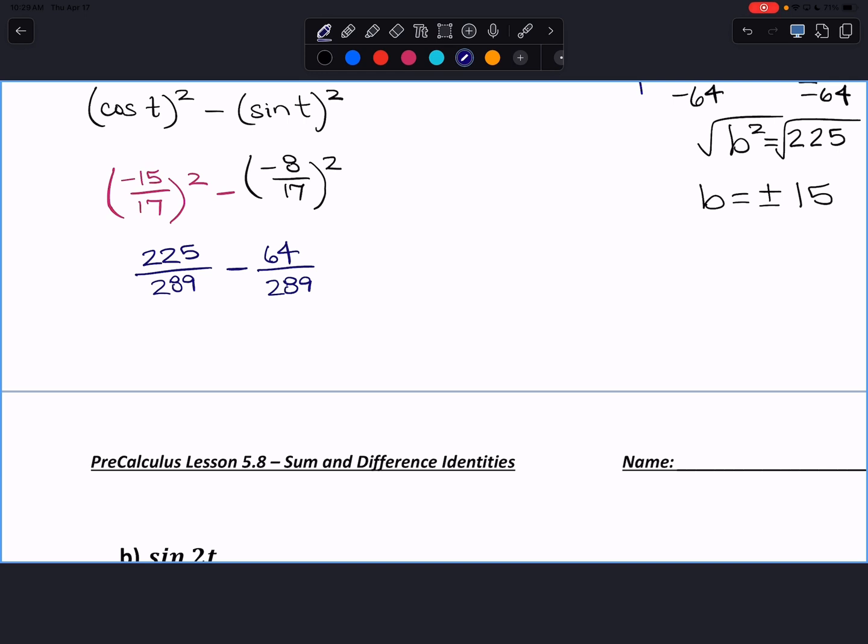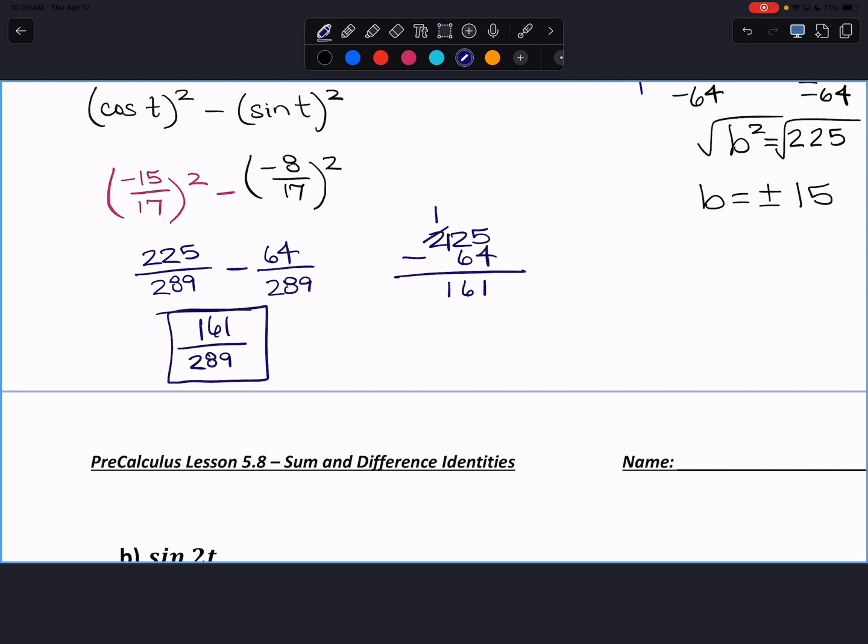And look, they both have the same hypotenuse, so we already have a common denominator. Okay? So when you're subtracting fractions, you don't change your denominator, and then you just subtract the numerator, right? So 225 minus 64. 5 minus 4 is 1. 2 minus 6 doesn't work. So we borrow from this, we'll make it a 1. This becomes a 12. 12 minus 6 is 6. 1 minus nothing is 1. And we get 161.